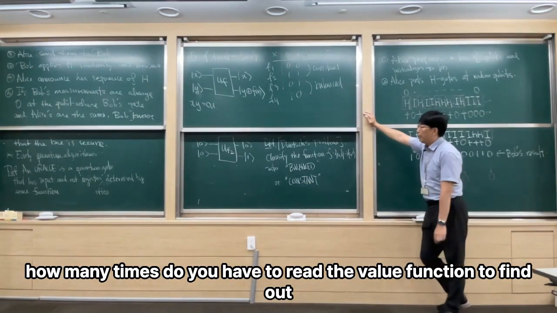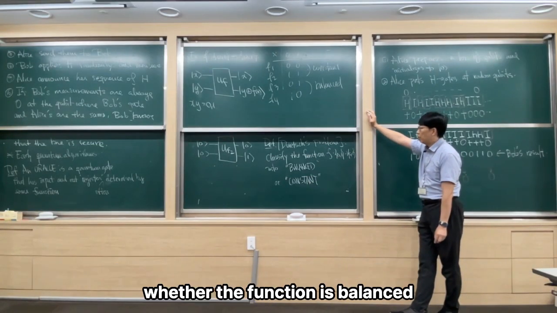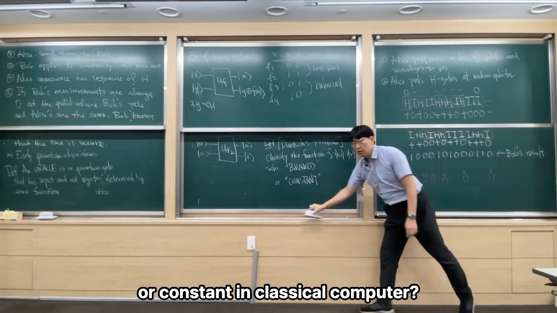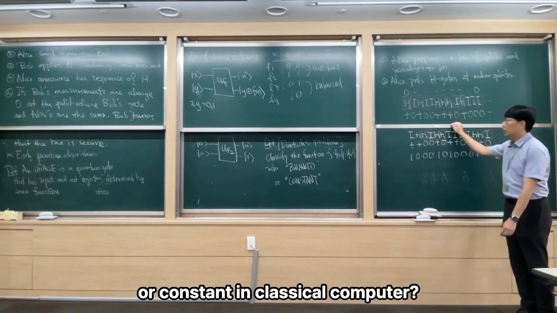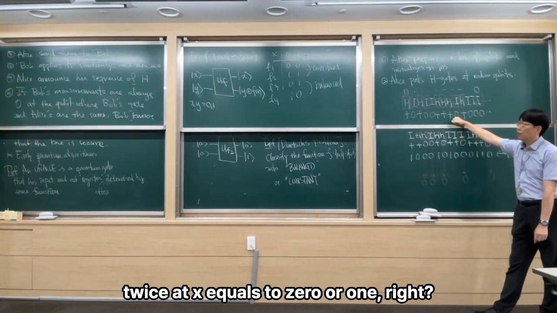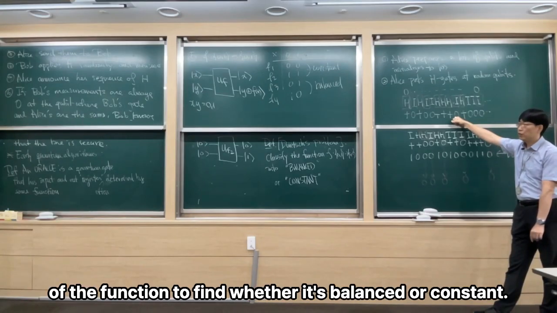So how many times do you have to read the value of the function to find out whether the function is balanced or constant in a classical computer? You have to take the value of the function twice, at x equals 0 and 1, right? There's no way you can find out by one query whether it's balanced or constant.